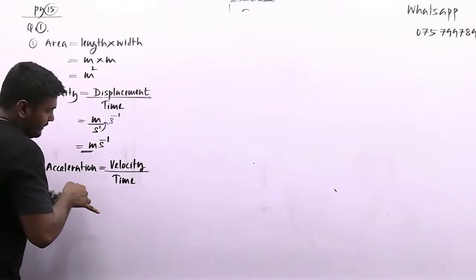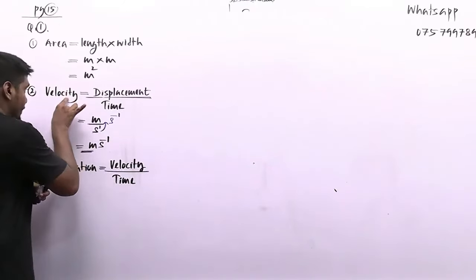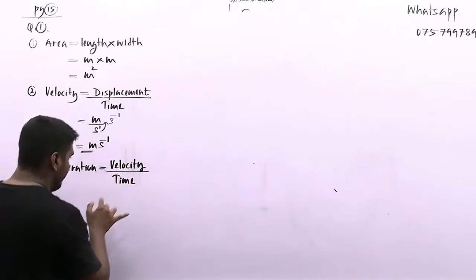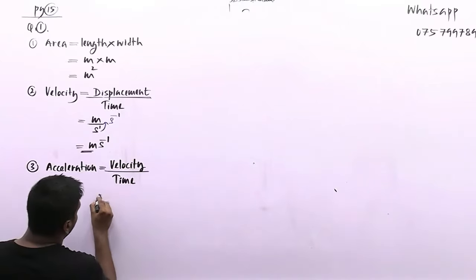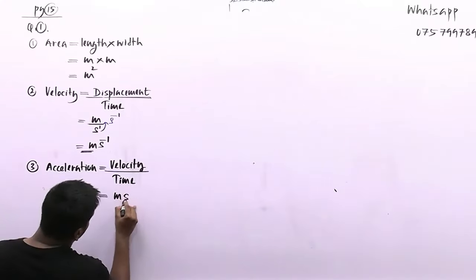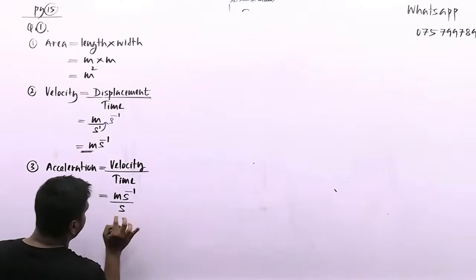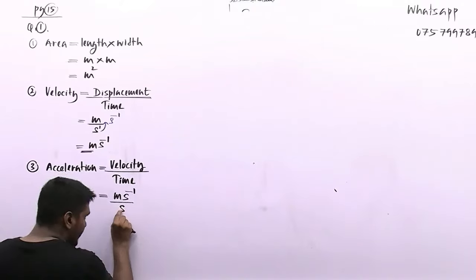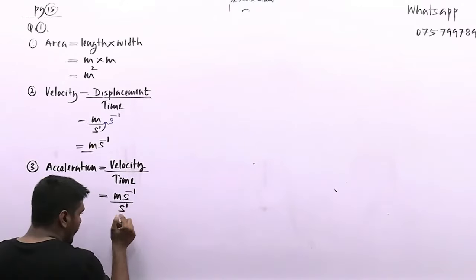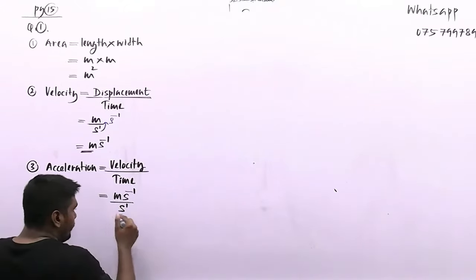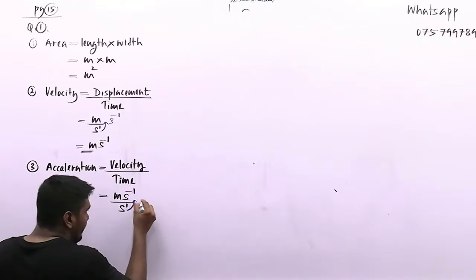Just now we found the unit of velocity is meters per second. Time is measured in seconds. Again, the power of the second in the denominator is 1. When this s to the power 1 goes to the numerator, it becomes s to the power minus 1.